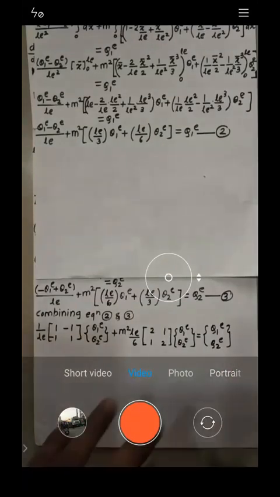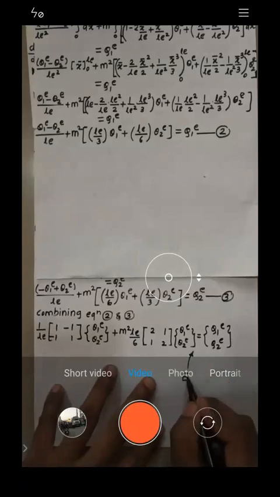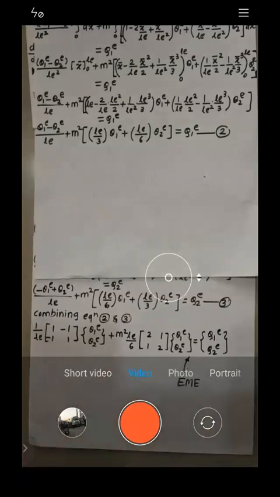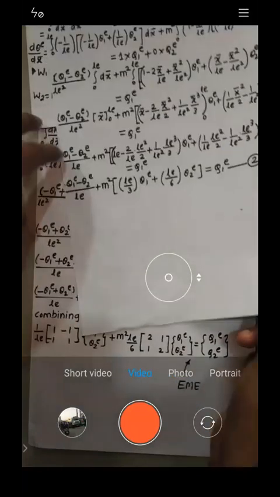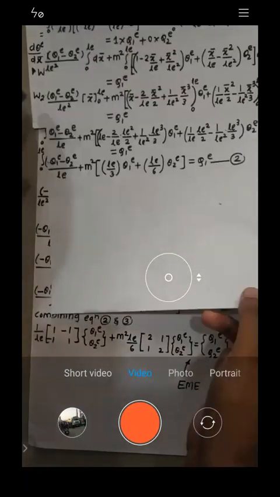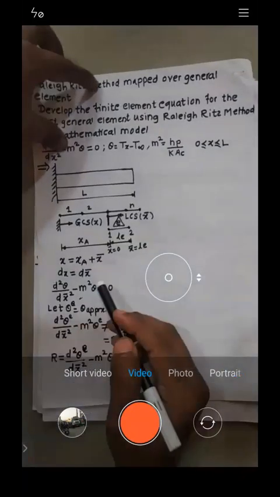So this particular equation is basically known as the element matrix equation, EME, right? So what we have done, let me know. Initially this equation was given: d square theta by dx square minus m square theta is equal to 0.